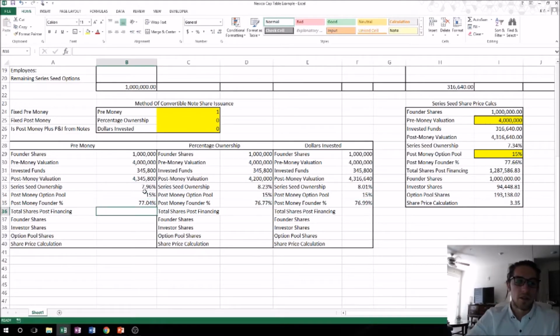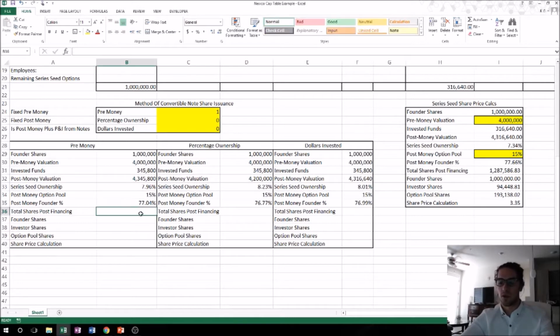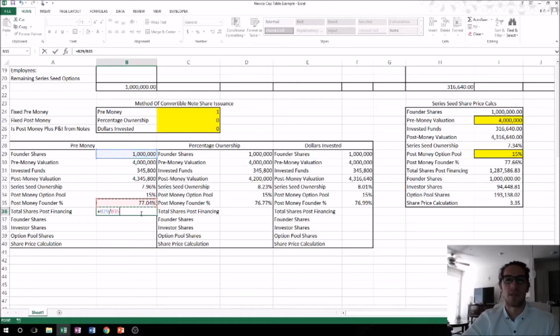So total shares post-financing. The total shares post-financing is the founder shares divided by the post-money founder percentage. So what that is, this million shares divided by what those million shares now represent, which is 77.04% of the company.